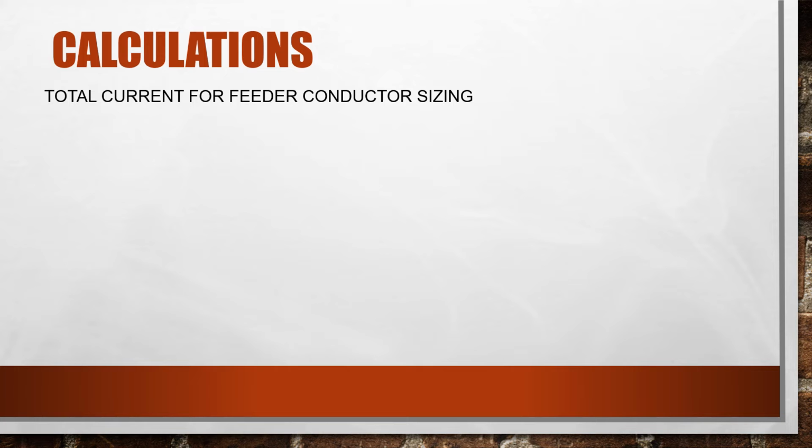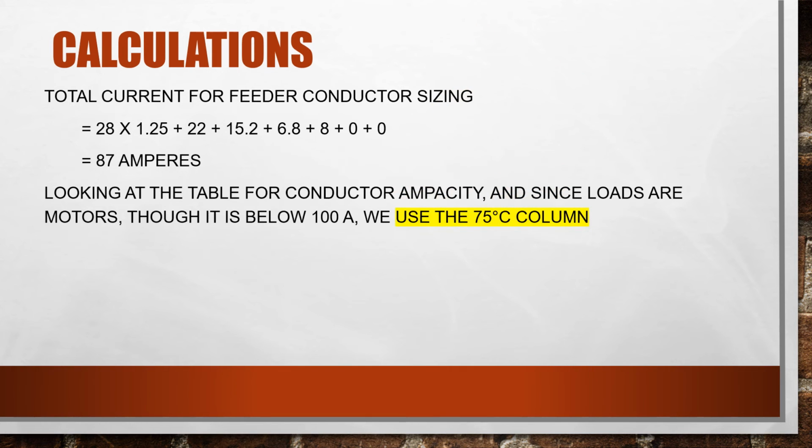Now let us calculate the total current for feeder conductor sizing. So now we have 28 ampere times 1.25 plus 22 plus 15.2 plus 6.8 plus 8 plus 0 plus 0. So it is a total of 87 amperes.